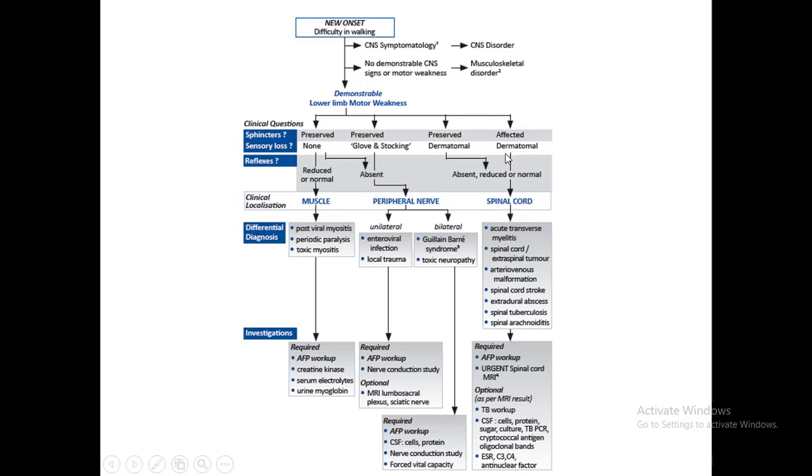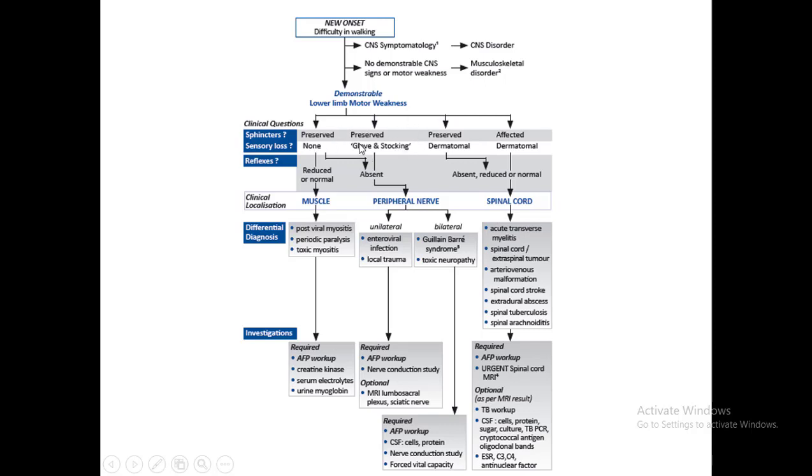If there is dermatomal sensory loss with a sphincteric dysfunction, then most likely the lesion is in the spinal cord. If there is dermatomal sensory loss and the sphincter is preserved, again you are in the spinal cord. So a spinal cord lesion can affect the sphincter function or can be associated with a preserved sphincteric function.